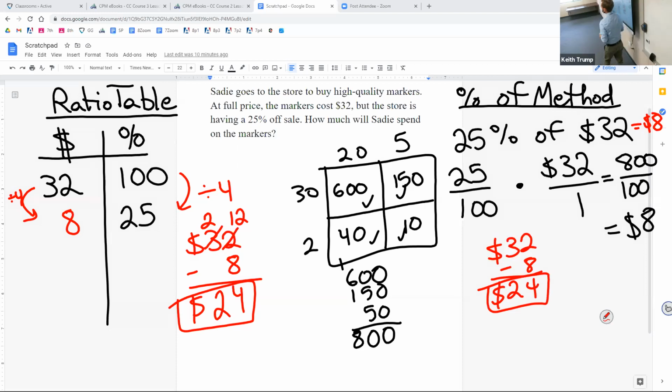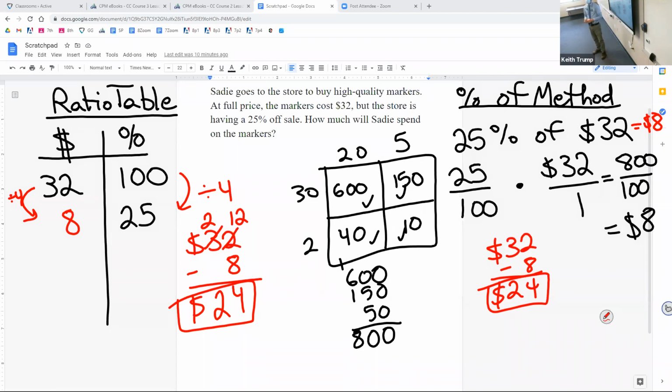We just learned two extremely important methods, the percent of method and the ratio table method. These are both really useful in lots of different kinds of problems. This example had pretty easy to work with numbers. Sometimes ratio tables will be more complicated, where you'll have to get more creative with how you figure out the missing numbers.